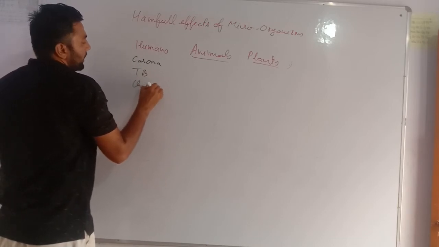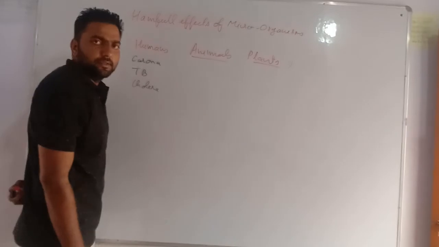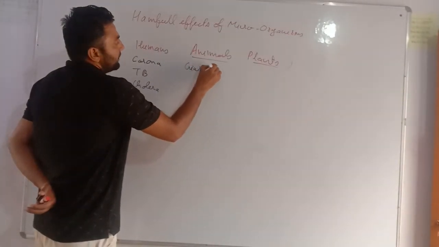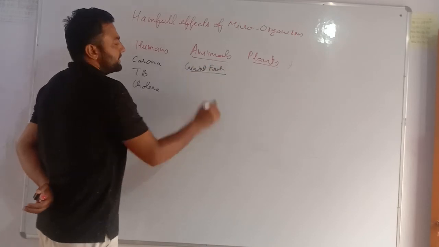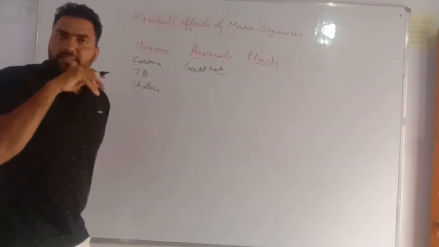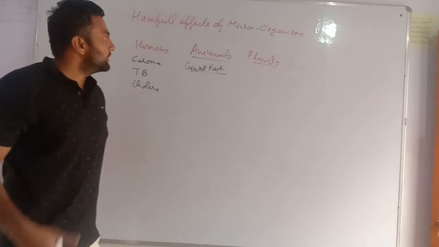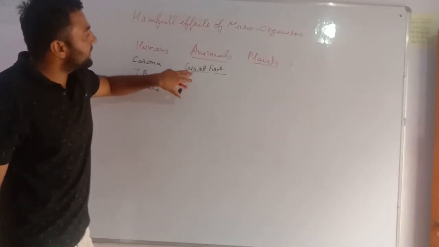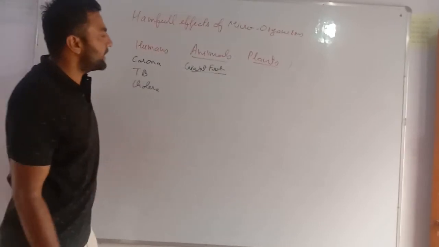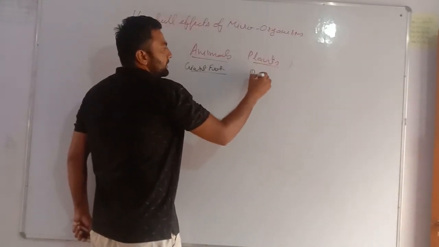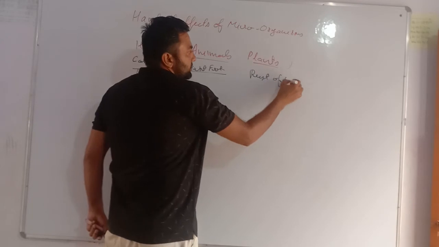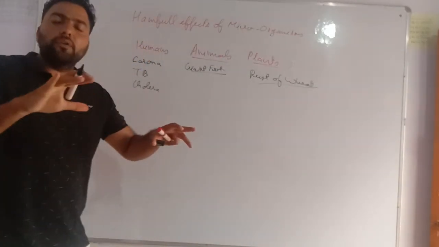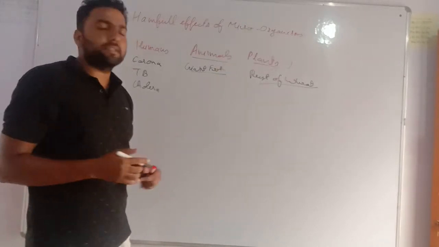TB, cholera. See, my dear students, many animals get foot disease, and many other diseases such as blisters on the face. These types of diseases occur in animals, and these animals die. Even humans die. Plants have diseases such as the rust of wheat. What happens in this disease is that the whole wheat field is destroyed because of fungus.